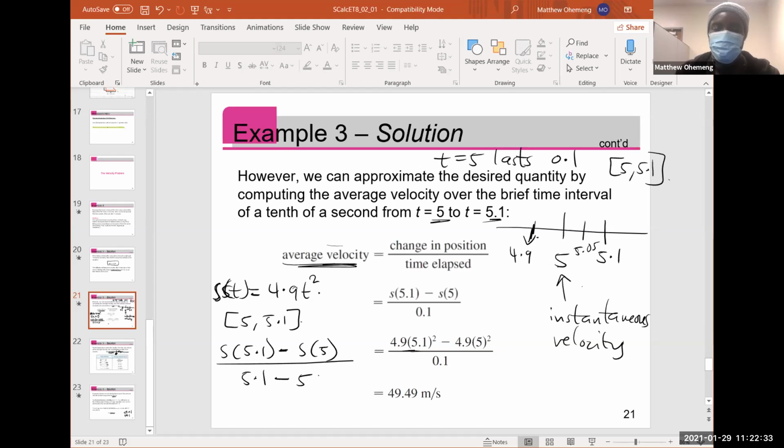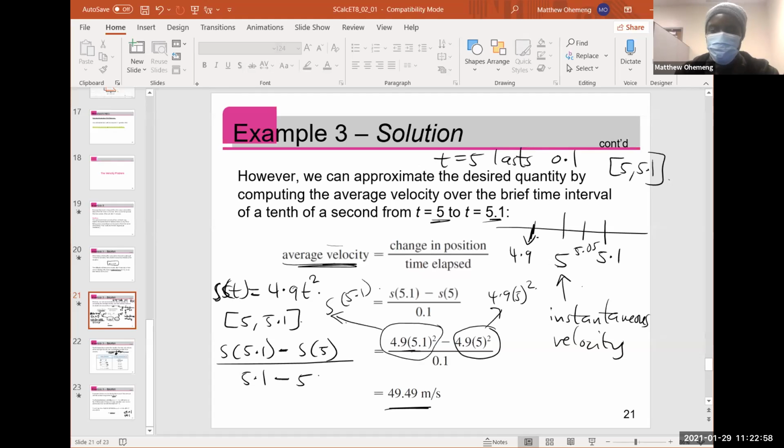You see, this here is S of 5.1, right? And then S of 5 is just 4.9 times 5 squared. And then the 0.1 is just 5.1 minus 5, right? So that'll give you your 49.49. So that's how you compute average velocity.